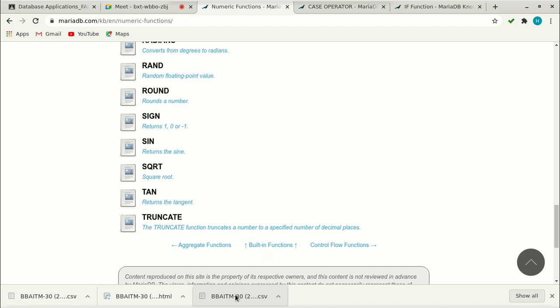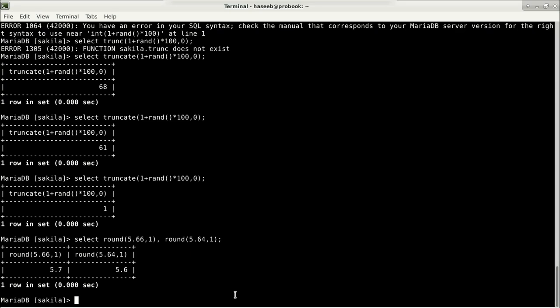Truncate is to discard a decimal number up to the required number of decimal places, like select, let's do it this way, select sqrt 3, and then I say truncate sqrt 3 to 3 decimal places, and again I say round sqrt 3 to 3 decimal places.